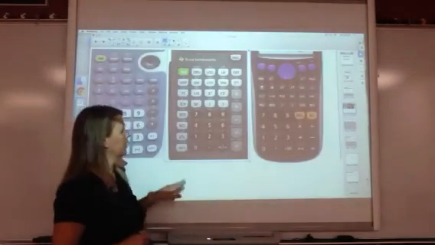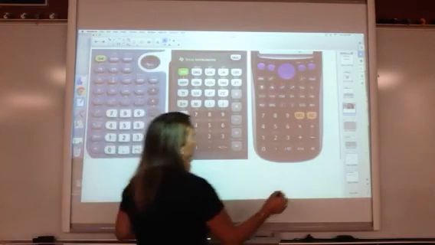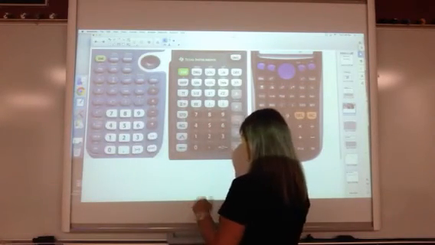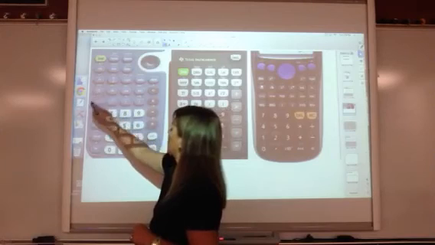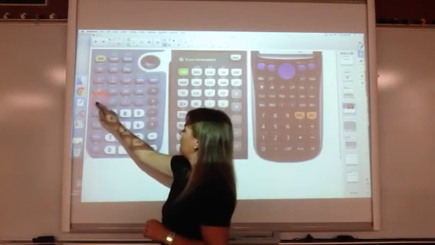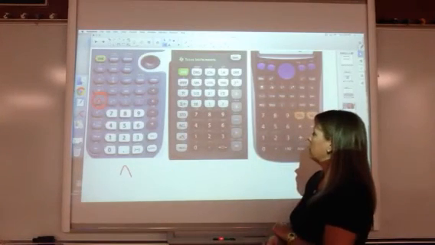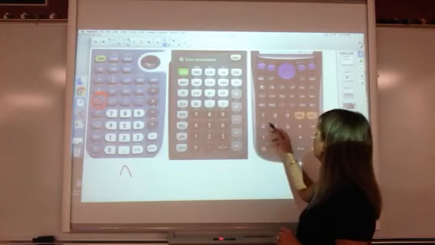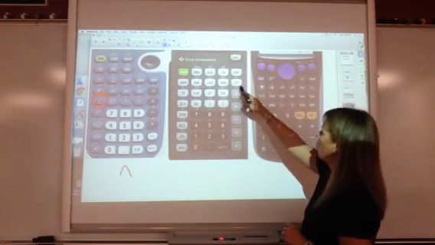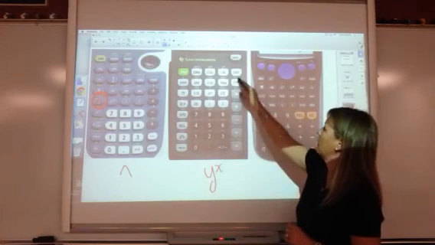If you look at your calculators, I don't know what kind you have, but find the power button. One of the calculators, it's a Texas Instrument, has a power button right over here. If that looks like your calculator, the power button is a little up arrow. It looks like this. This calculator has a y to the x. It looks like y power x.